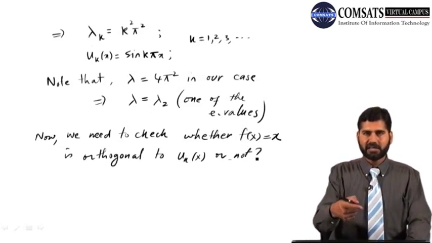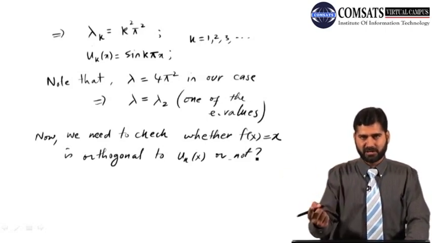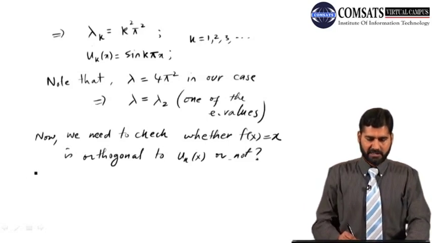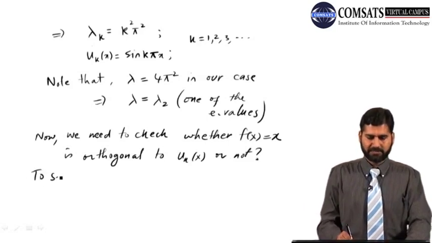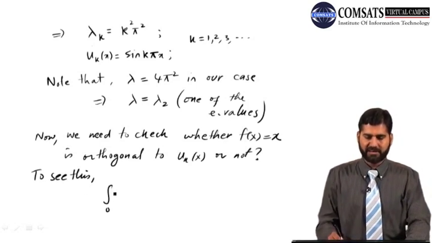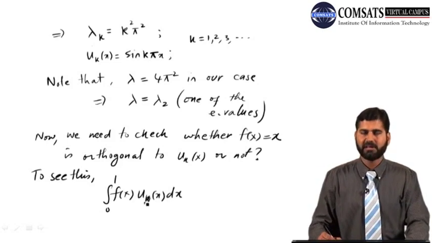If it is orthogonal, then we will have infinitely many solutions. If it is not orthogonal to our eigenfunctions, then we have no solution. So let's see. To see this, we proceed as follows. We need to integrate f(x) with u_k(x) dx, with u_2(x) basically.